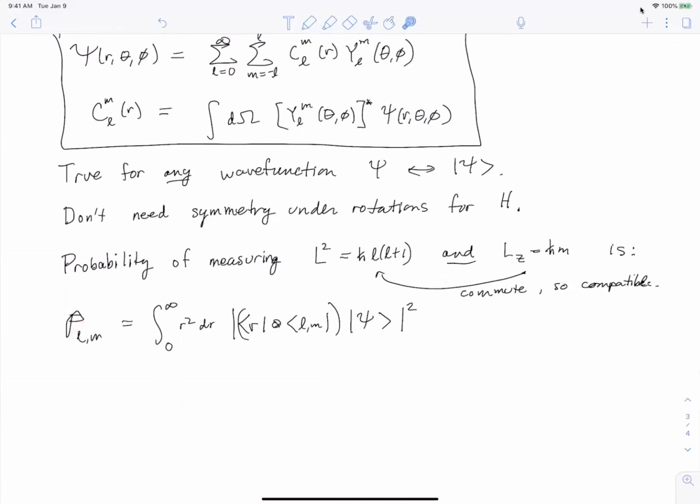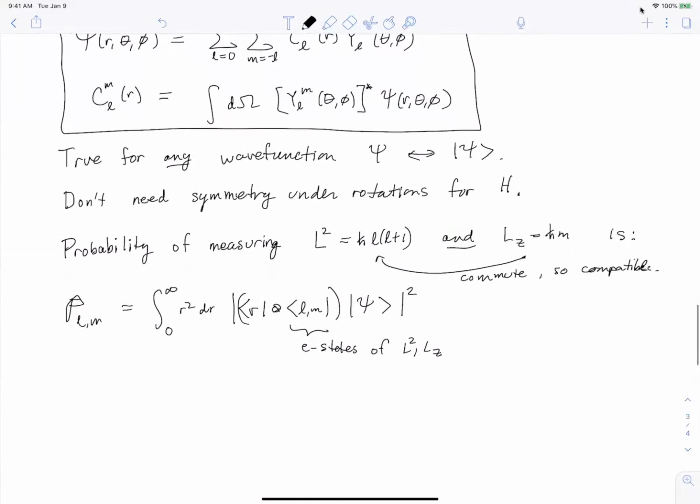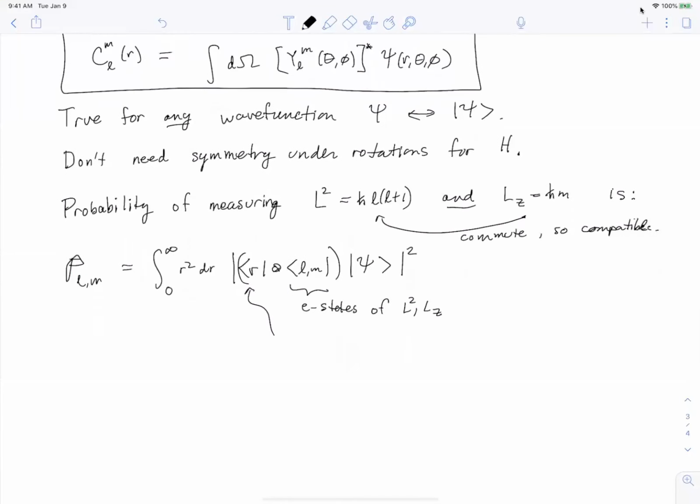Okay, so just to label these things, these are the eigenstates of L squared and Lz that you're measuring. The R here is a degeneracy label.